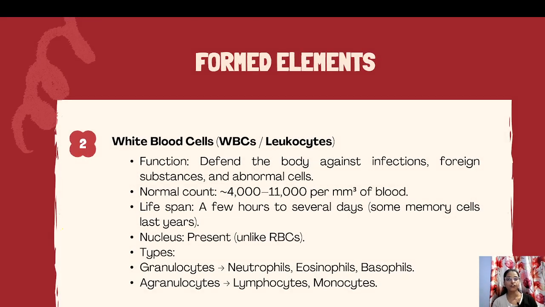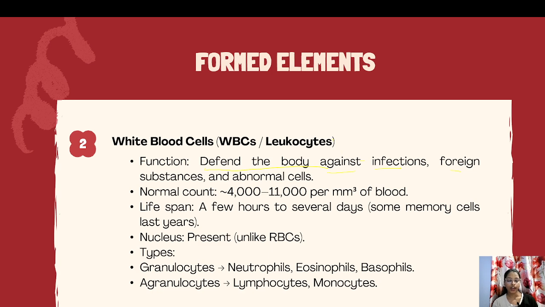Okay, the next component of formed element is the WBC. WBC is also called leukocytes, correct? Now, what is the function of WBC? To defend the body against infections, foreign substances, and abnormal cells.